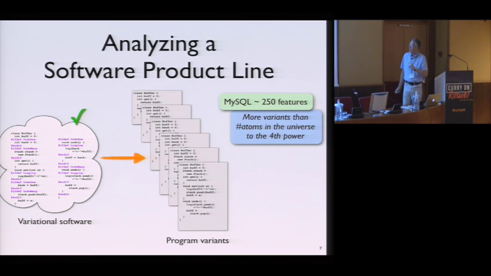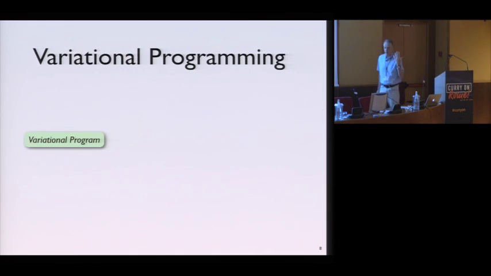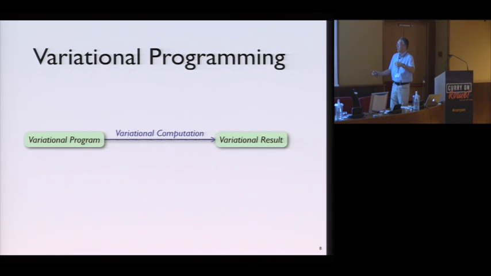So instead, what we want to do in variational programming is work with the variational values directly. And that is one of the critical aspects, I think, that is important when you think about variational programming. So you have this variational program, and a variational computation produces a variational result.